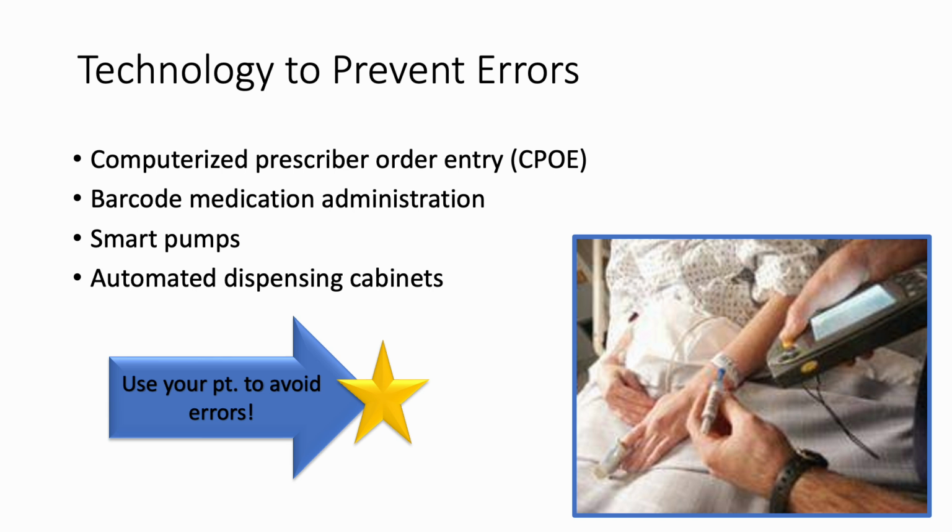Computerized prescriber order entry, or CPOE, helps prevent transcription errors due to illegible handwritten prescriptions, because with electronic prescribing the provider puts in their own orders instead of telling the nurse to do it and going through an alternate party. These systems are safer when combined with decision support tools that automatically alert prescribers to drug interactions, allergies, and other potential problems, which is helpful.